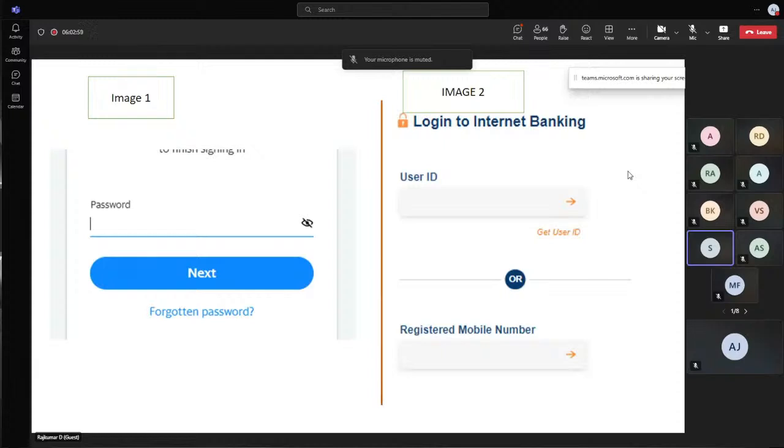So you are not showing anything on the user ID on image 1? No, the user ID is there. We are talking about the password field, where there is an eye icon to see it, and the other one where it says user ID. The moment you type, it populates the password and automatically fills the rest of the password.